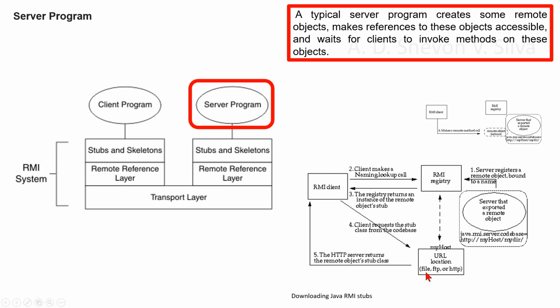Generally, the classes needed to execute remote method calls should be made accessible from a network resource such as an HTTP or FTP server.